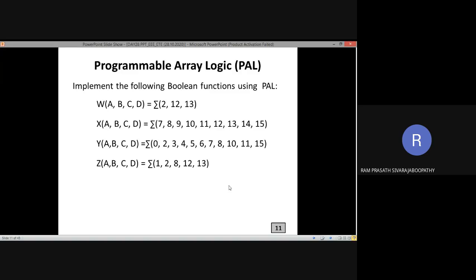Draw the K-map table, group the minterms 2, 12, 13, and tell me what expression comes. So we have a 4-variable, 16-cell K-map array. Now, place 1 in the minterm cells 2, 12 and 13. Group it and tell me the answer for the expression W. Tell me the expression for W.